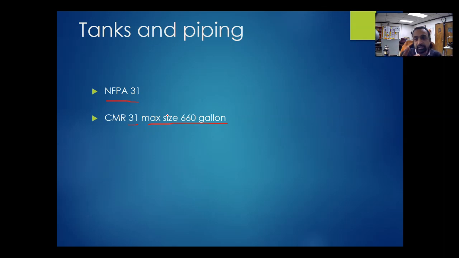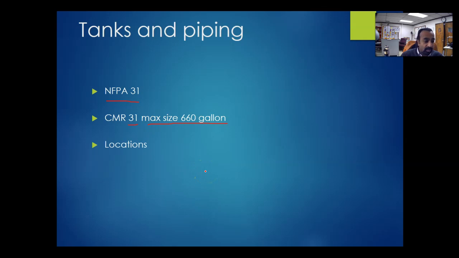However, you can have two tanks, which means you are allowed to have two 660 gallon tanks connected to each other, and that will be around 1320 gallons. So you cannot have more than 660 gallons above ground, period. You can have underground tanks that can be bigger than that, and the maximum amount of oil you can have in any building, whether residential or commercial, is 10,000 gallons.